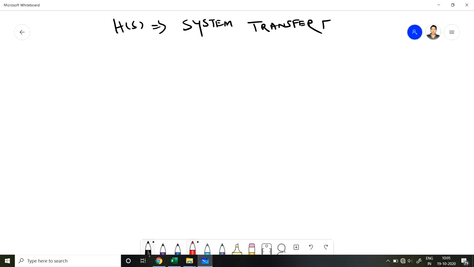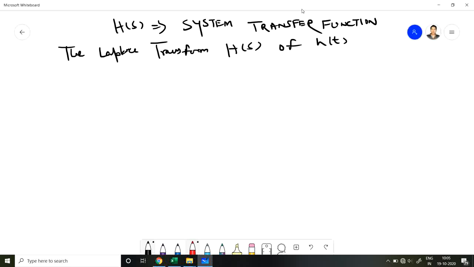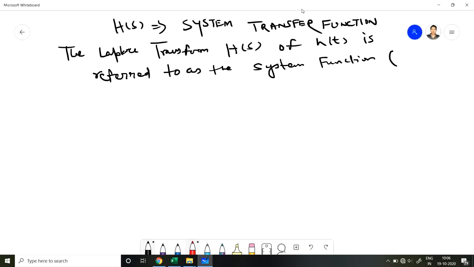It is basically the Laplace transform of h(t), referred to as the system function, or the transfer function of the system.